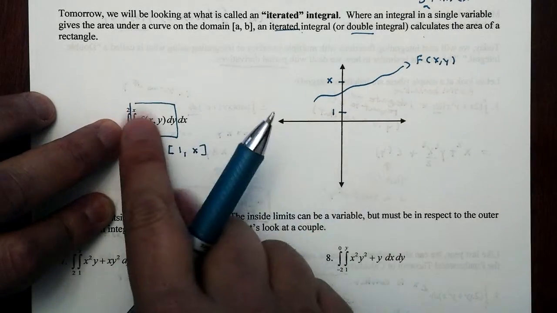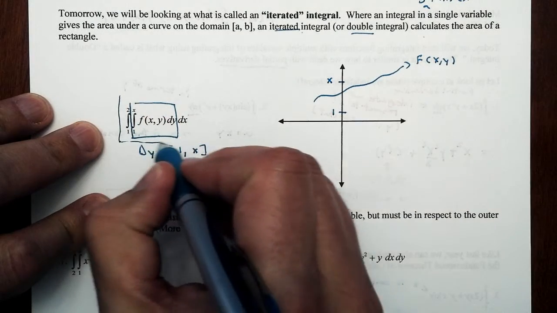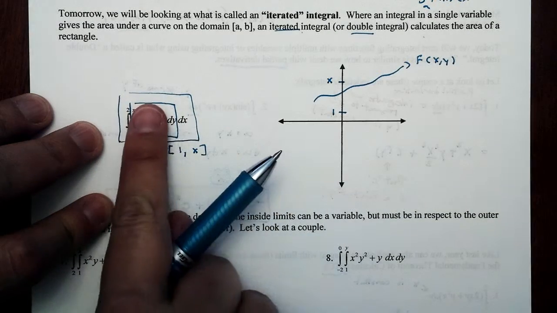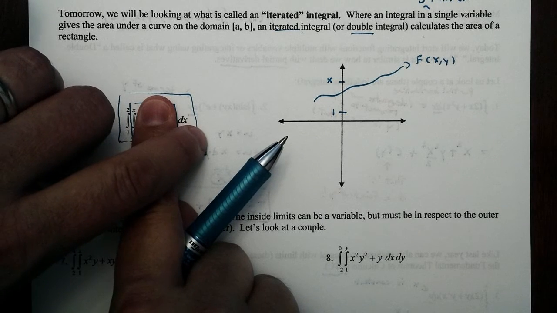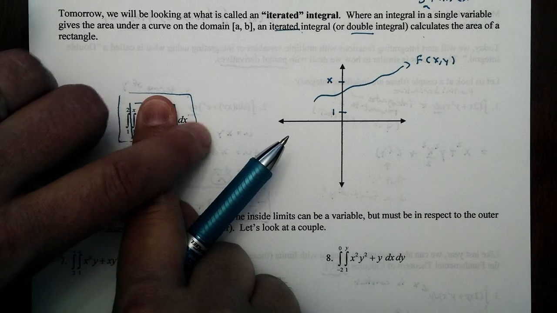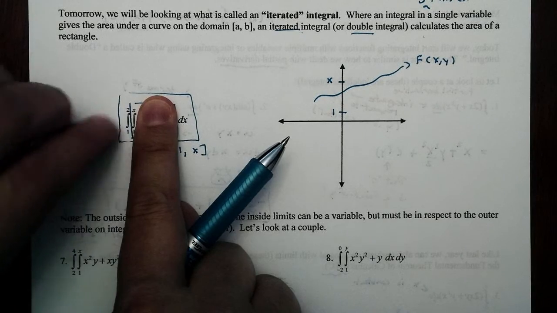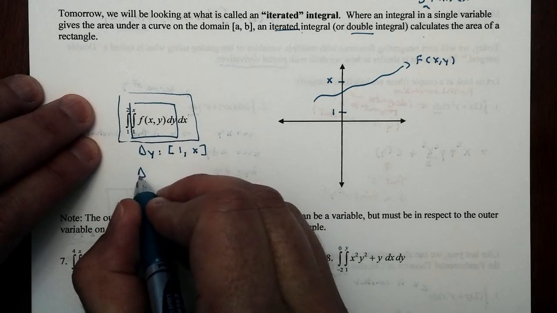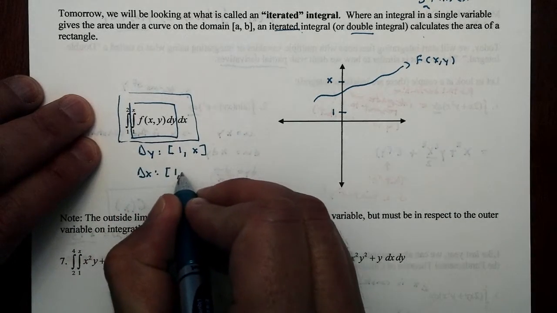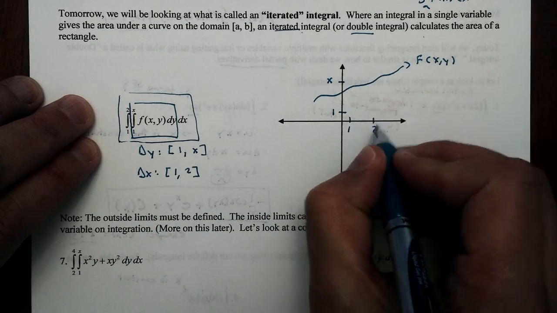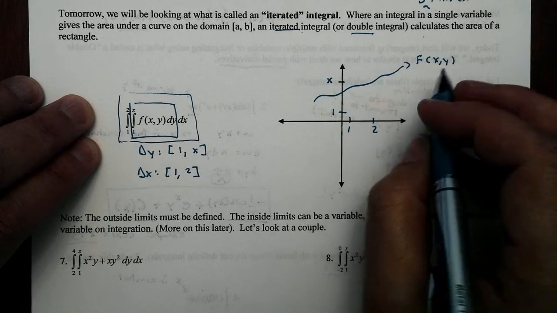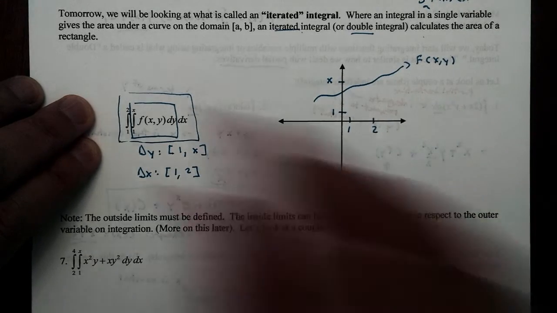Working away to the outside now, once we deal with the inside, now we deal with the outside. The outside is dealing with my change in x, and the change in x goes from 1 to 2. So I can go here from 1 all the way to 2. And what we're looking for is just this area.